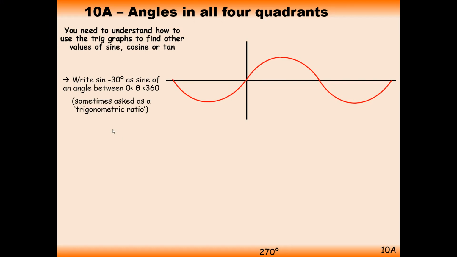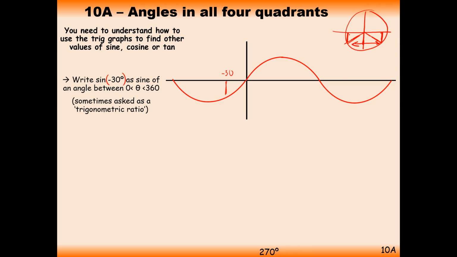Now they told us to write this negative angle as a positive angle. What do we do? The negative angle is somewhere here, and it's better to look at the unit circle. If this angle is negative, its equivalent angle with the same sine lies in this quadrant. Remember, these two have the same y value.